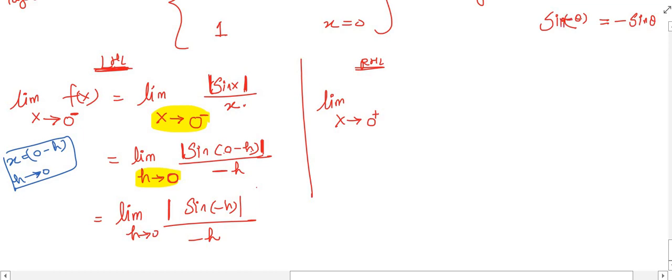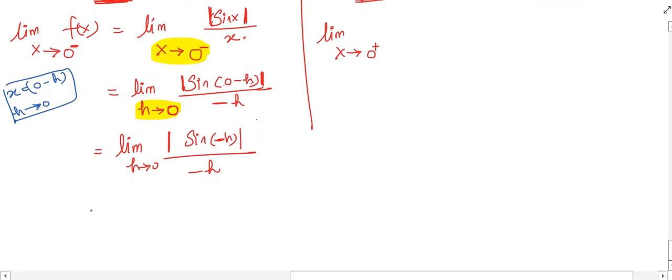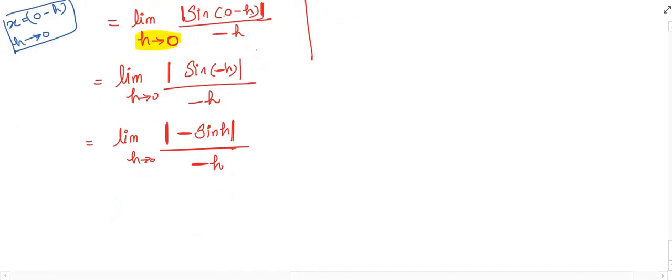The minus in case of sine comes in front. Right? So I will use here sine of minus h. What will it become? It will become the limit as h is tending to 0 of mod of minus of sine of h by minus of h. Be patient.